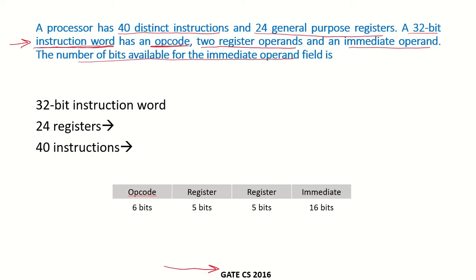So this processor has 40 instructions. How many bits would be required to encode 40 instructions? That means how many bits are required for the opcode part.